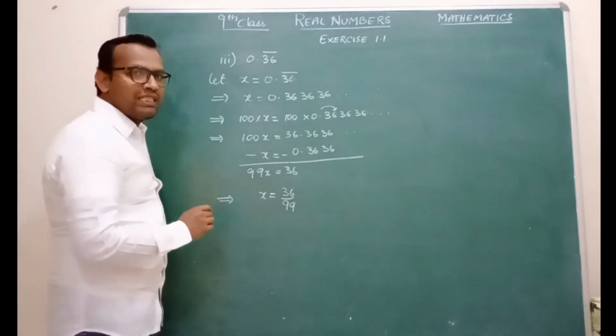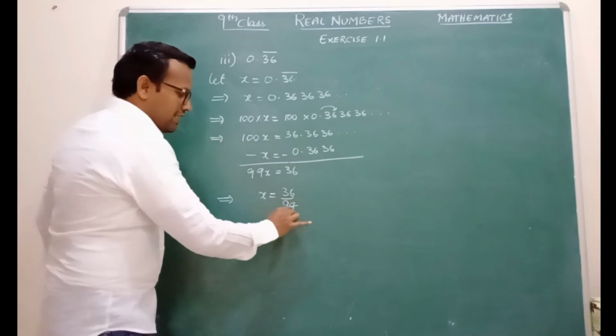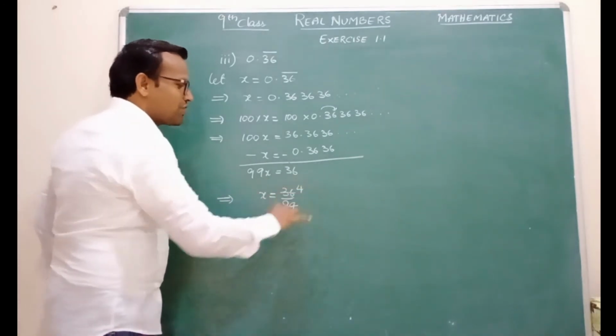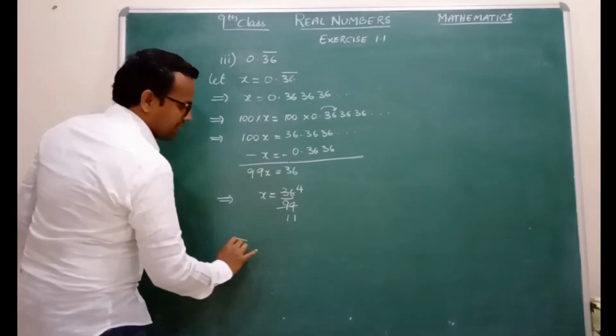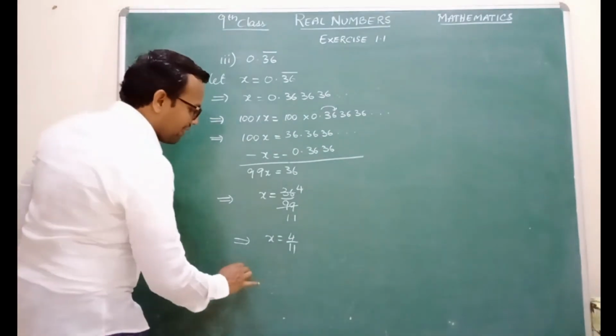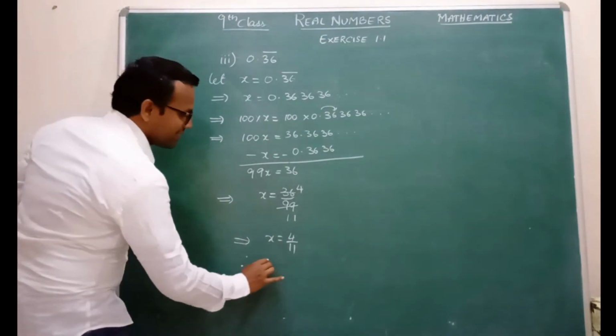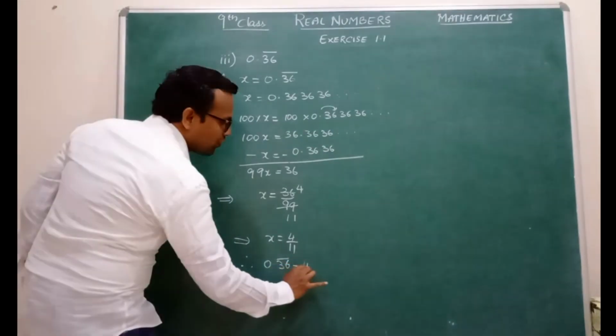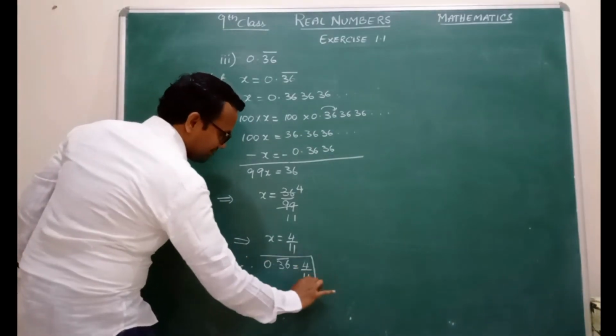This can be simplified. See here, 9 ones are 9, 9 ones are 9 and 9 fours are 36. That implies x is equal to 4 by 11. Therefore, what is x? 0.36 bar is equal to 4 by 11.